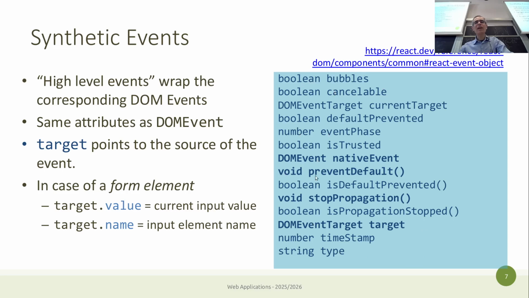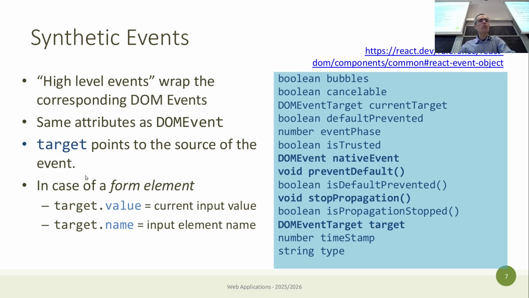The DOM event is also an attribute, but we don't need to access it. What is really needed is basically 2 of these 4 items: the prevent default, which we will see at the end, and the target that we already saw before.